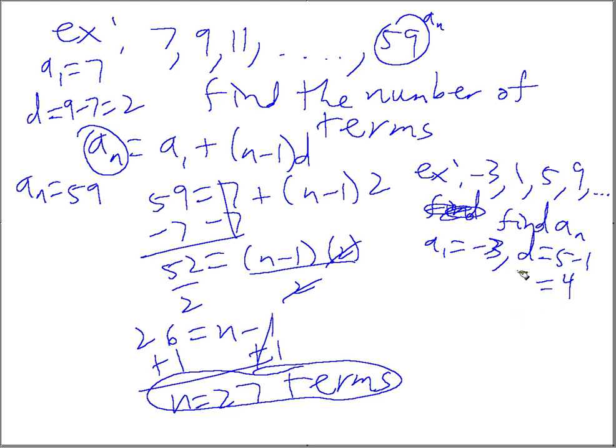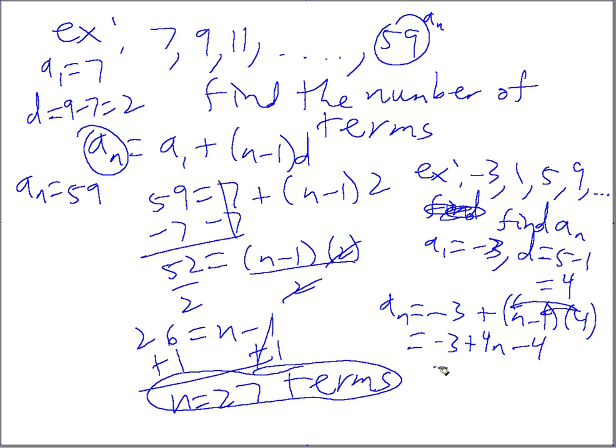All right. So let's look at the nth term. So a sub n, it just uses the formula again, right? It's going to be -3 plus n minus 1 times 4. Now the answer should be in terms of n. So let's simplify this expression. That's -3 plus 4n minus 4.